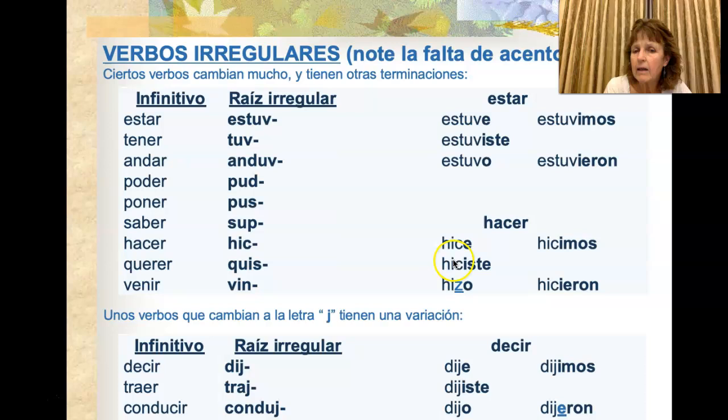Here with hacer, hice, hiciste, I'm just pointing out that for hizo, to get that sound, the C would become hard when followed by an O, so they change it to a Z. So you have hizo, that's another little spelling change. Hicimos, hicieron. And then the ones that change to having the J have this spelling change in the third person plural ending: dijeron instead of dijieron. So this is just a little bit different.